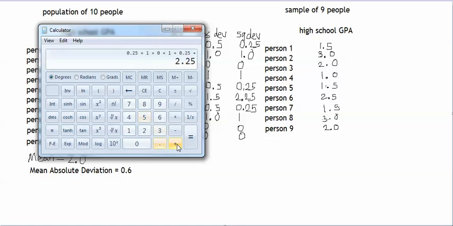Just adding all of these squared deviations, we get 14 as the total, and then 14 divided by 10 is 1.4.